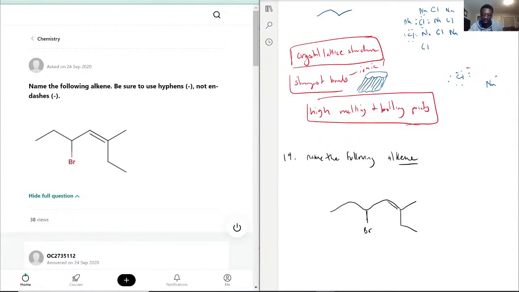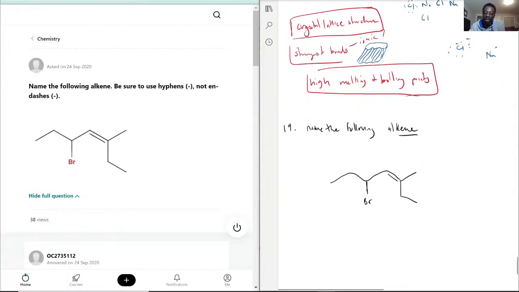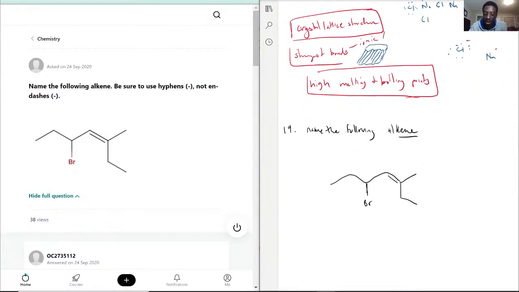Okay, so with that being said, when there's a double bond, actually before we move on, I'm going to use color coding here to go through this. We have the longest chain here. We go 1, 2, 3. There's a double bond here, but point being, we have to find the longest chain.